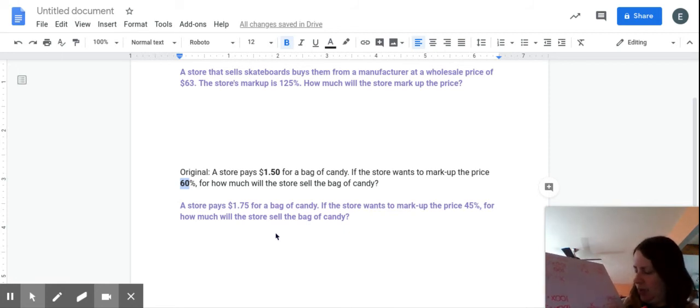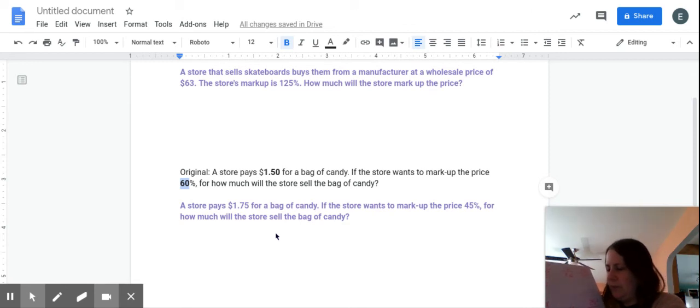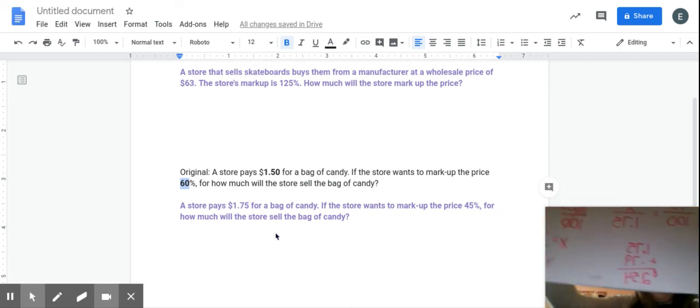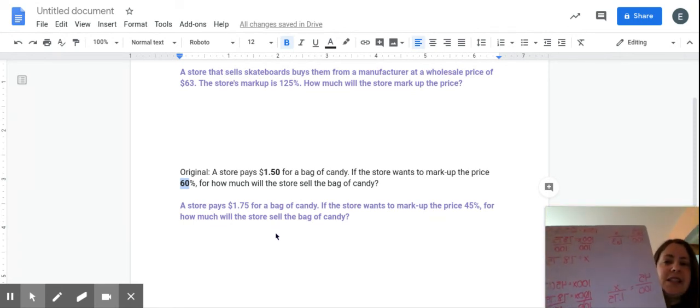I am doing $1.75 plus 79 cents, and I get that my candy store is selling that candy for $2.54.